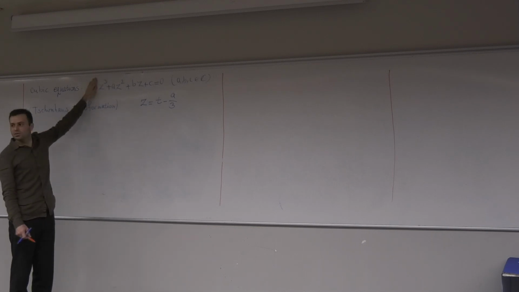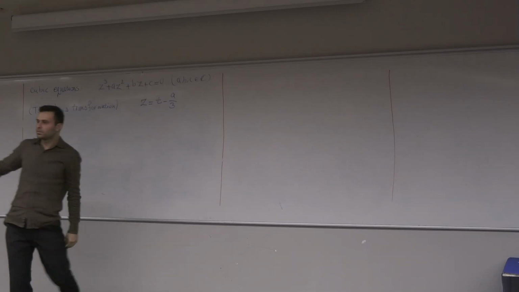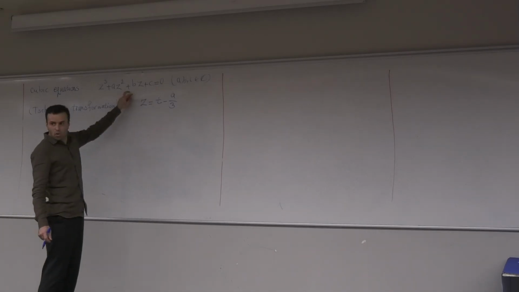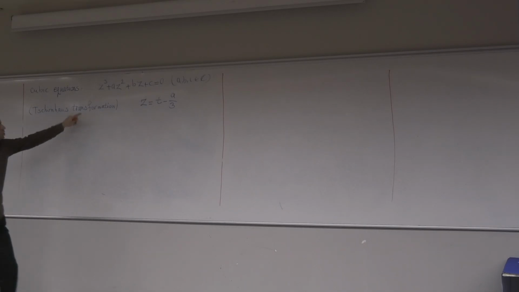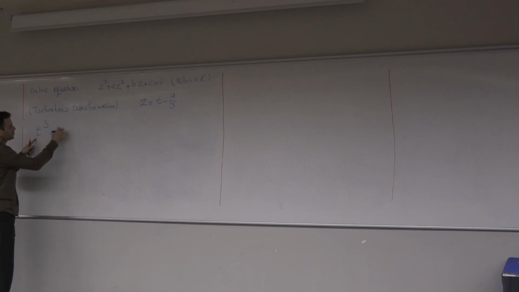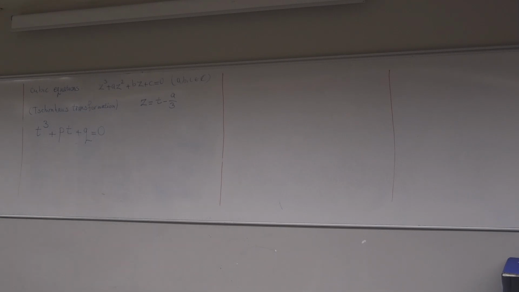And if it is non-zero, since we want to work with this coefficient being 1, divide everything by it, and call this A, call this B, call this C. If you do this Tschirnhaus transformation on this equation, you will see that it turns into this form: t to the power of 3 plus pt plus q equal to 0. We normally turn our equation into this kind of equation and then solve it.